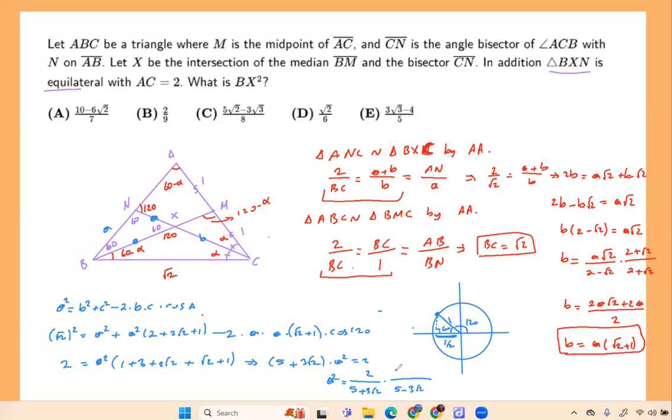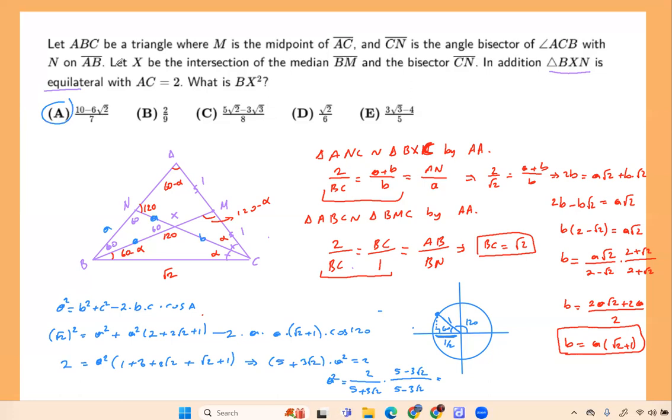If you multiply this by 5 minus 3 root 2 as well, you get 10 minus 6 root 2, and that looks like choice A. The denominator will be 25 minus 3 root 2 squared, which is 18. That will give us 7. So that is indeed choice A.